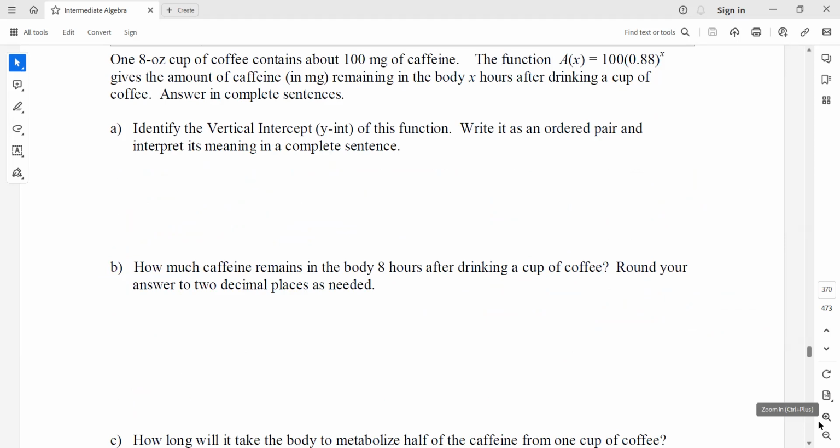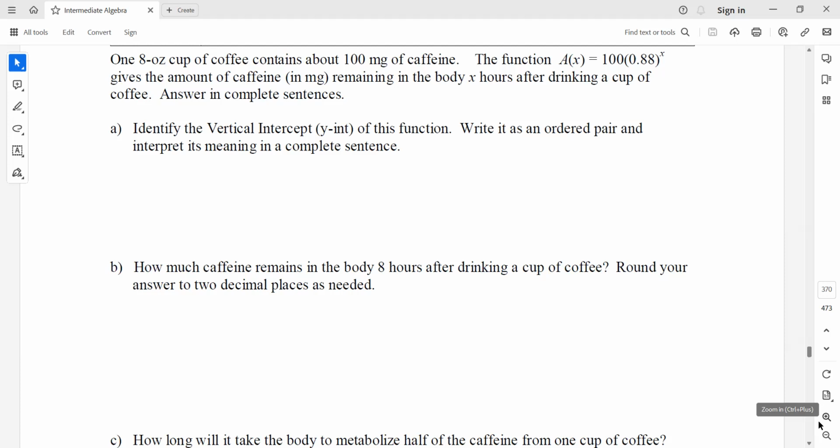Now, here you are given the function, right? A of x equals 100 times 0.88^x. It gives you the amount of caffeine remaining in the body x hours after drinking a cup of coffee. It says answer the incomplete sentences.